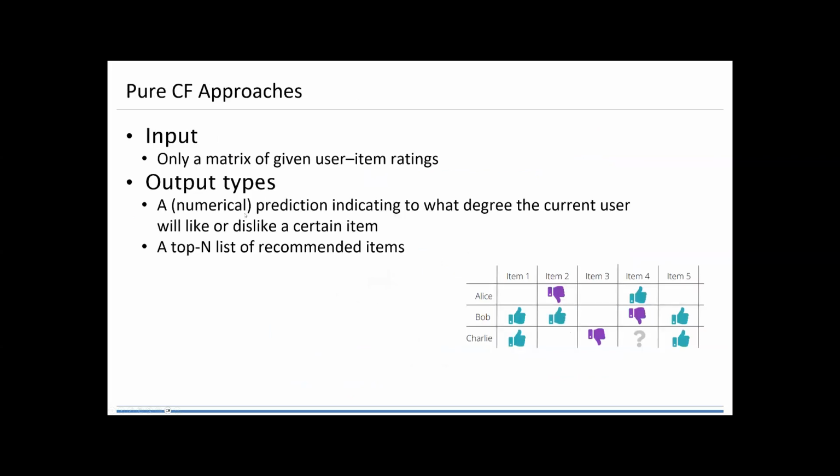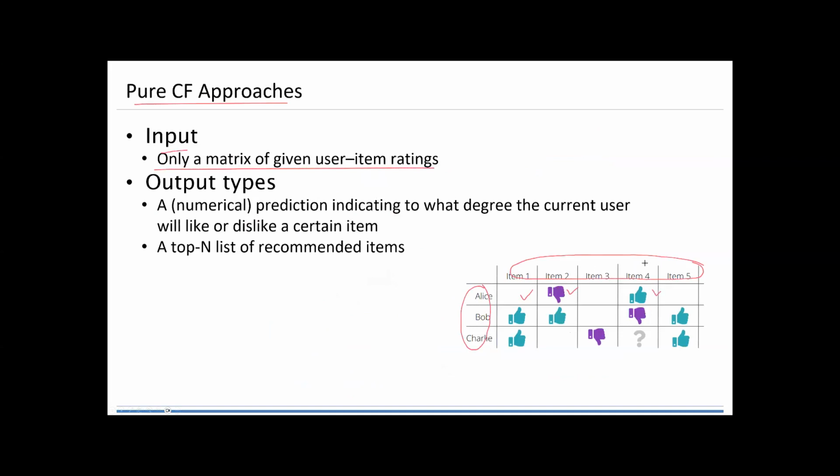The input can be anything, but for pure collaborative filtering approaches, the input is only a matrix of user-item ratings. So this is the users, this is the items, and let's suppose this is the rating.